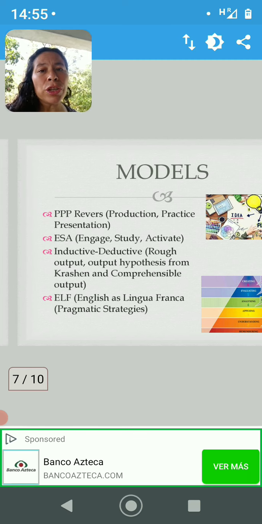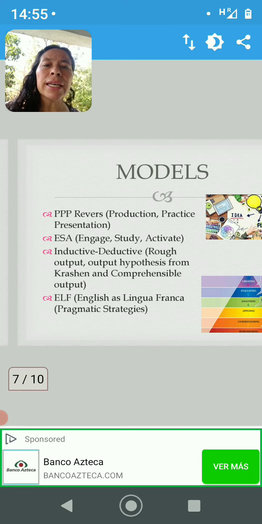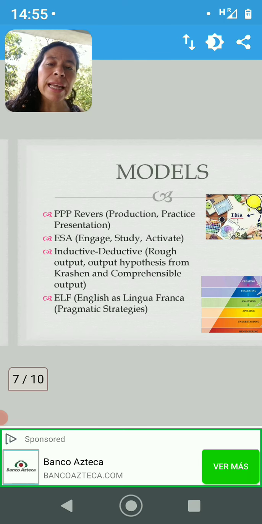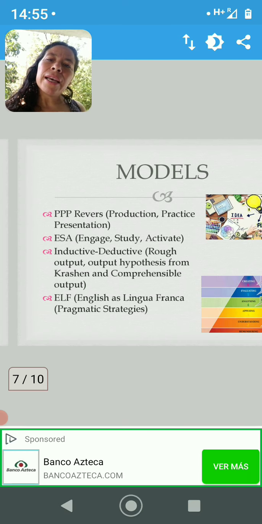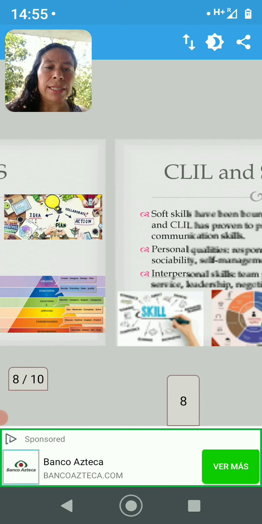And English has become a lingua franca, and we need to develop pragmatic strategies. That means since it's not a matter of communicating among natives, it is a matter of communicating with other people who speak English. It needs to be more practical.